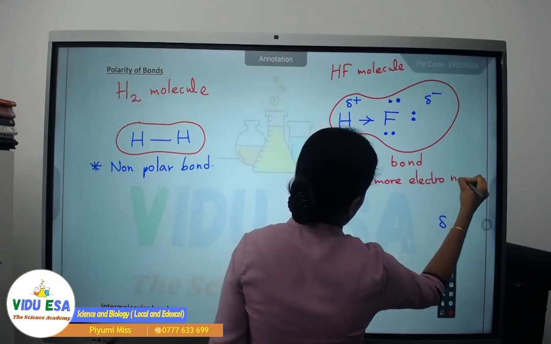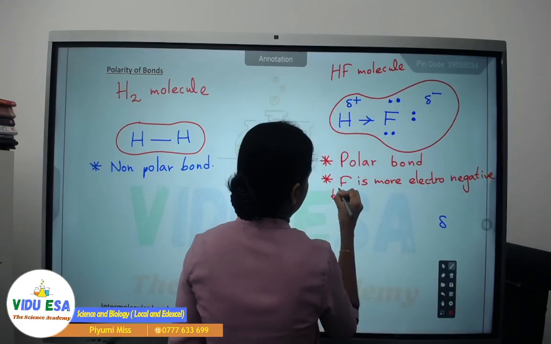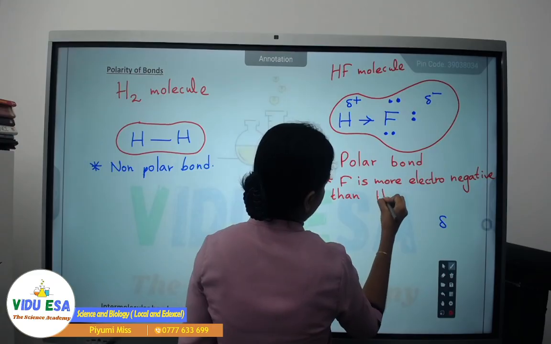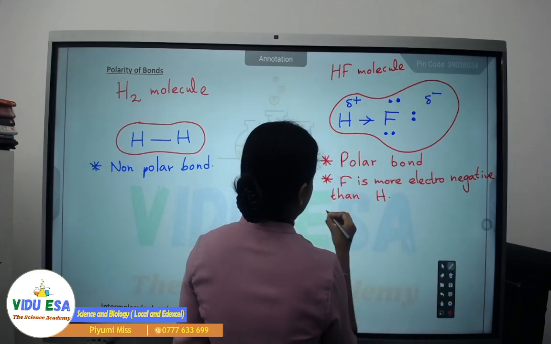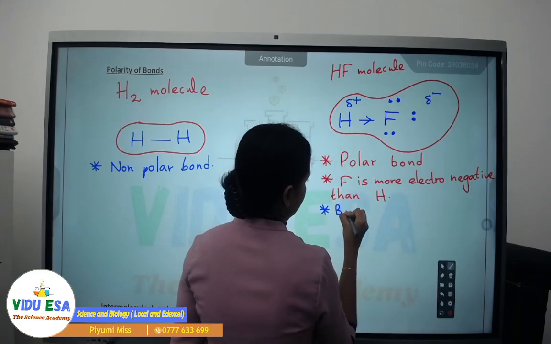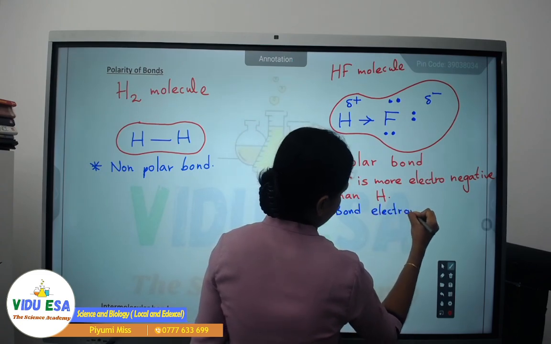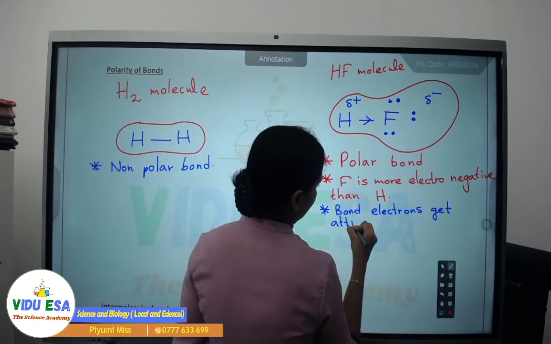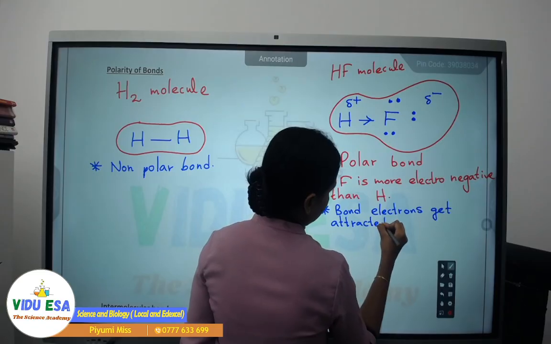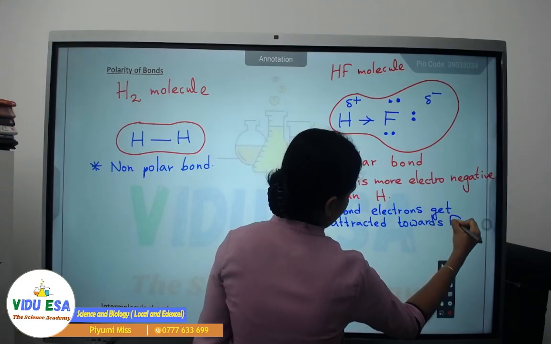Right? So fluorine is more electronegative than hydrogen. Bond electrons get attracted towards fluorine.